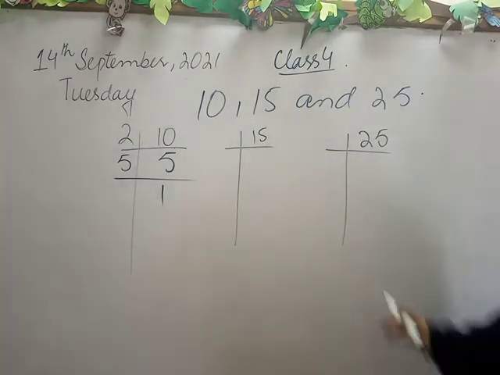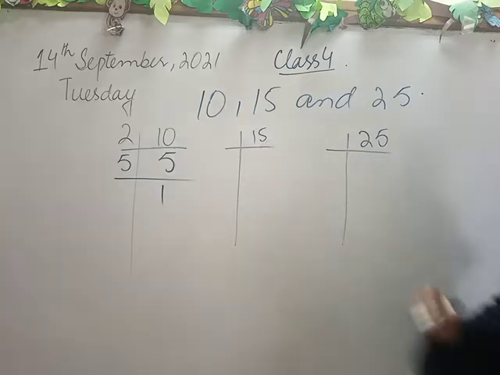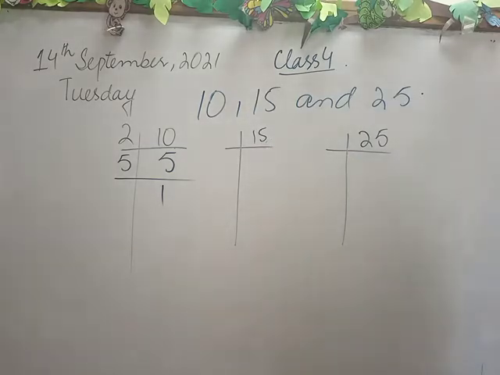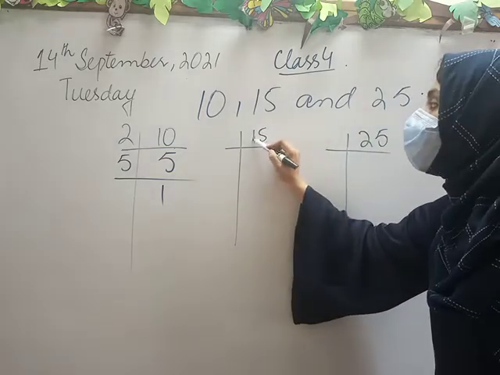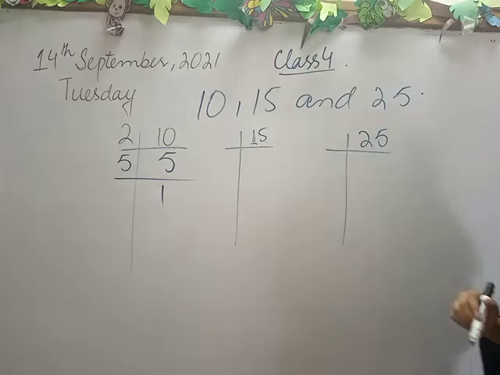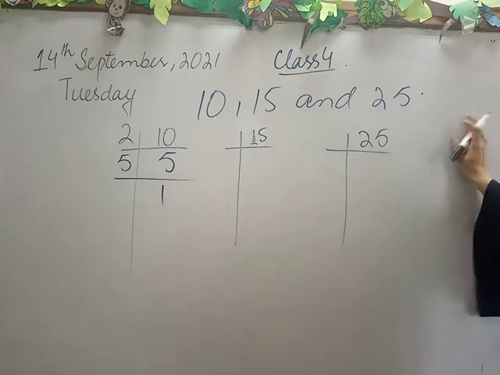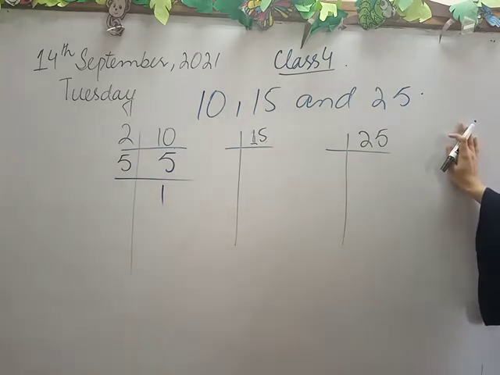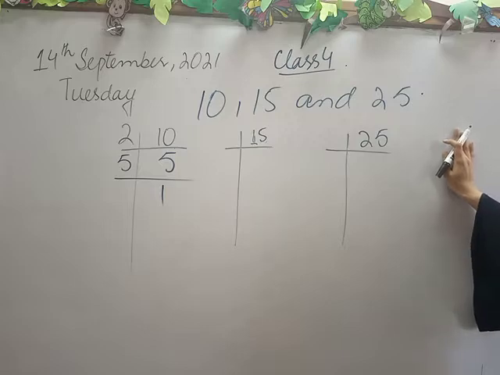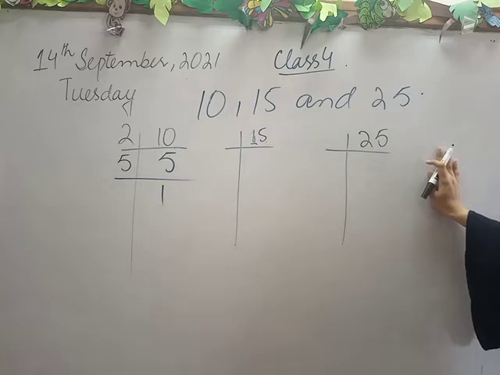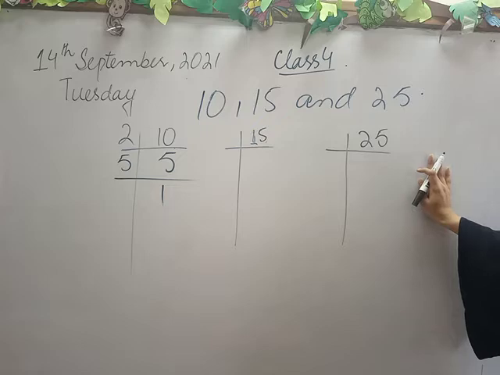So if you look, we have 5 at its unit place. ऐसे ही है. So 5 is at unit place, which means, class, it is not divisible by 2. अब ये 2 से नहीं होता. ठीक है? Because for 2 we need 0, 2, 4, 6 and 8 to represent at its unit place. अब यहाँ पे तो नहीं है.